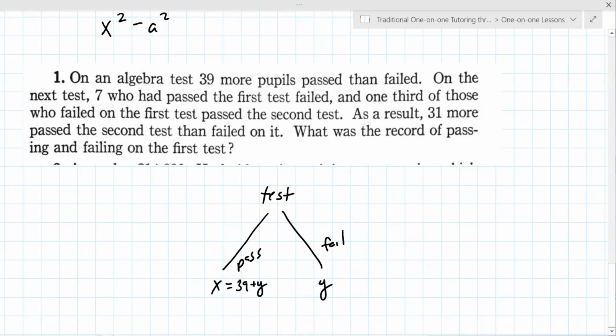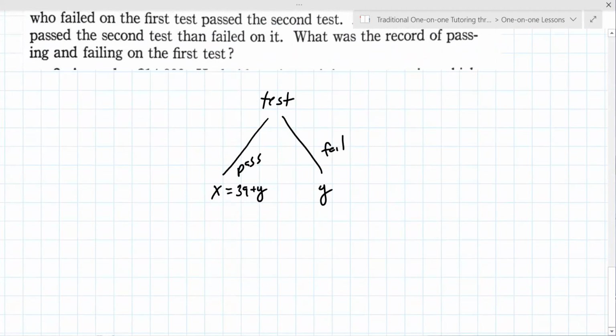On the next test, 7 who had passed the first test, so that's this group right here, failed, and 1/3 of those who failed on the first test passed the second test. Okay, so they're saying that 7 of these failed.